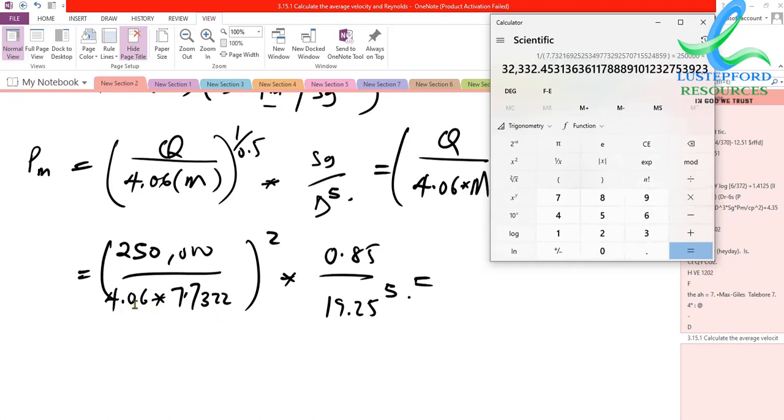Then I will divide 4.06 on it. What I got, I square it. Multiply 0.85 with it. Then divide 19.25 raised to power 5.